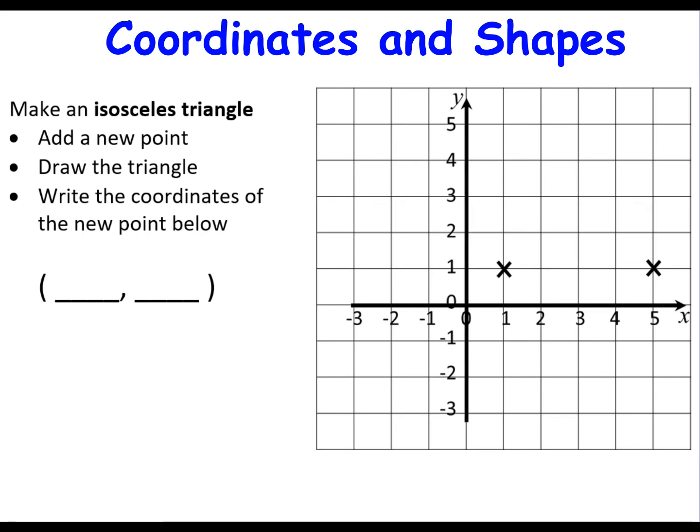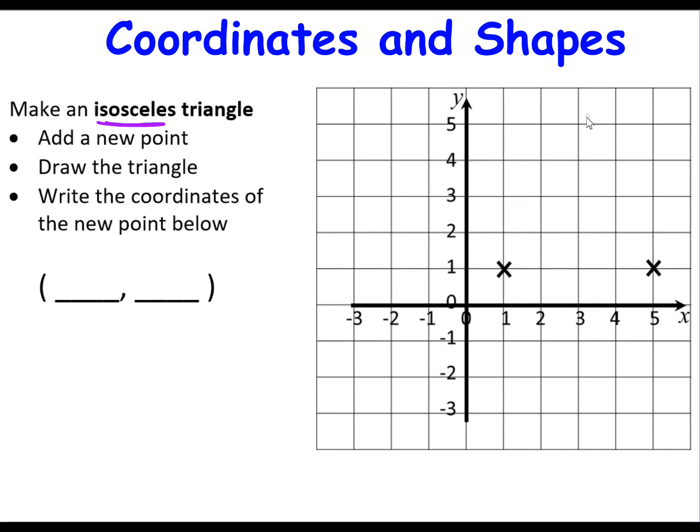Here's a question that you could get in the exam where you need to make the shape and then give the coordinates that make that shape. Make an isosceles triangle by adding a new point, drawing the triangle, and write down the 3rd point of the triangle. Now you need to know what an isosceles triangle is. It's a triangle where 2 of the sides are the same length.